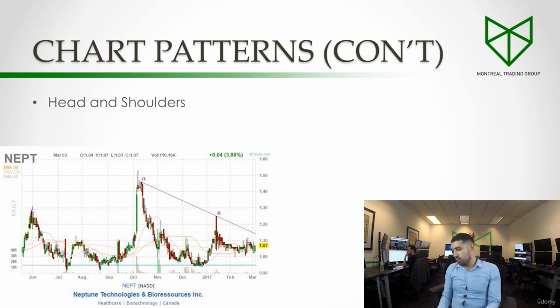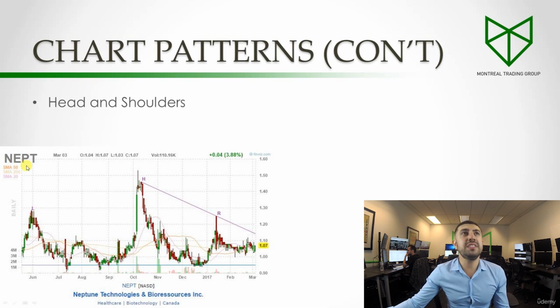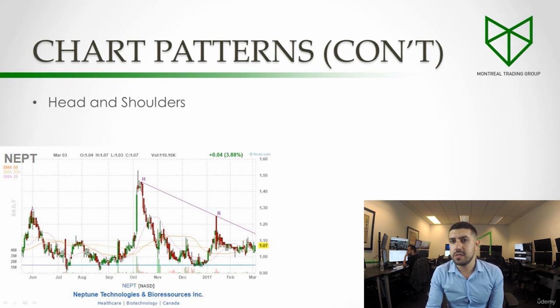And this is one of the most famous patterns, actually. And why is it called head and shoulders? Well, basically because it looks something like this. So let's see here. Let me get this on. So you have a chart where the price goes to a high, comes back down, goes to another high that's higher than the previous high.